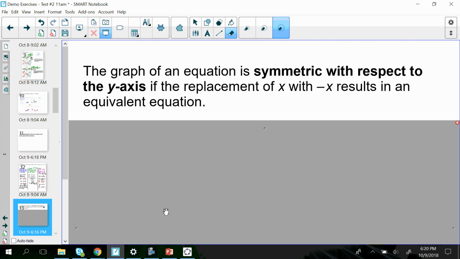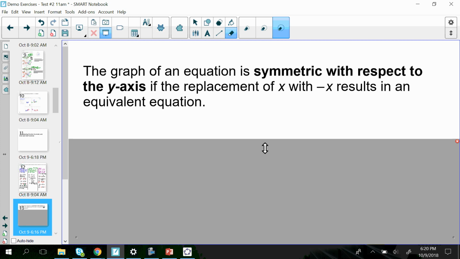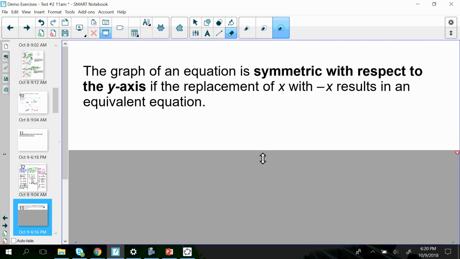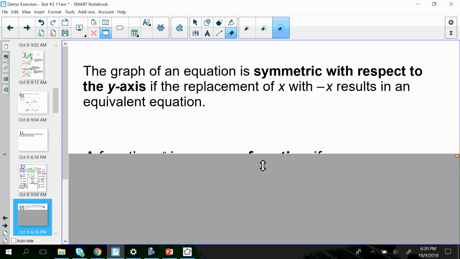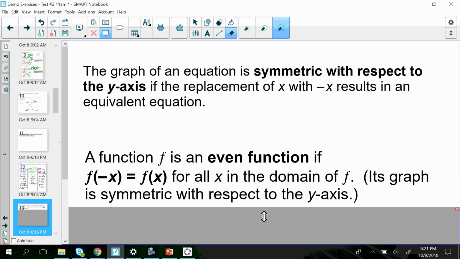So first of all, if you want to know if a graph is symmetric with respect to the y-axis, then replacement of x with negative x results in an equivalent equation. If you have something that's symmetric with respect to the y-axis, it just so happens that also makes it an even function.